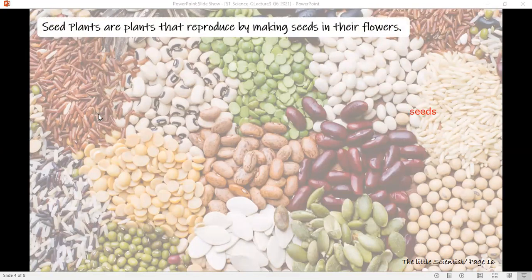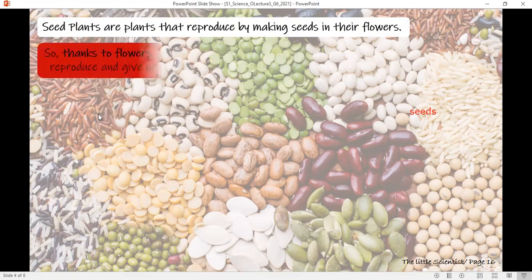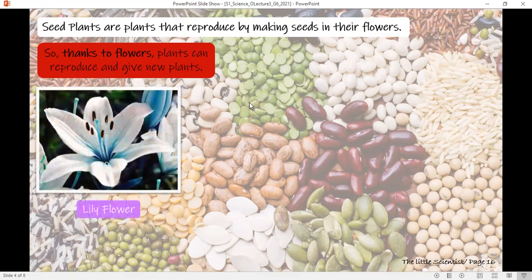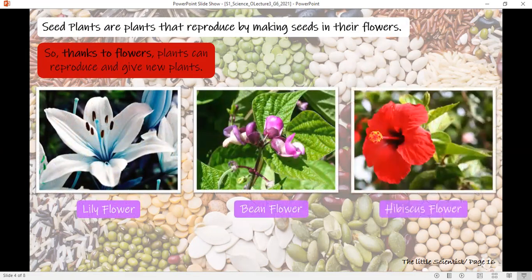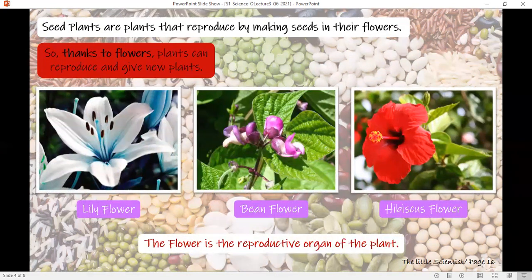So seeds, as I said, are the baby plants. These babies are formed in the flower of a plant. So the flower is the reproductive organ of a plant. Here are different examples of flowers. Flowers are the reproductive organs of the plant.